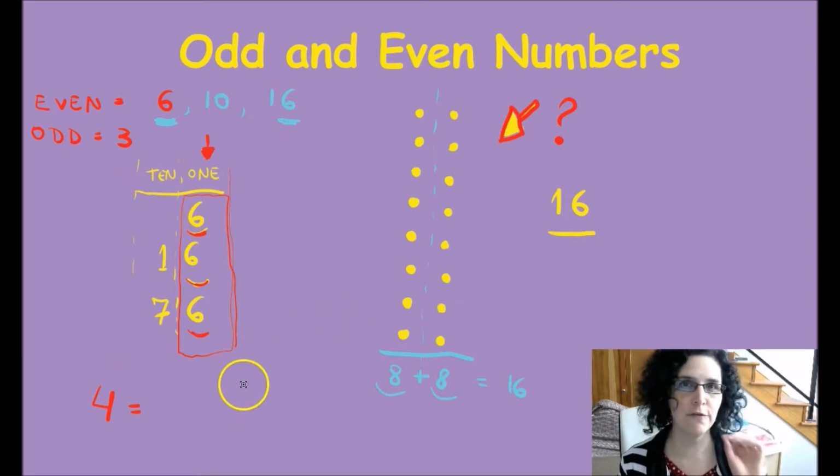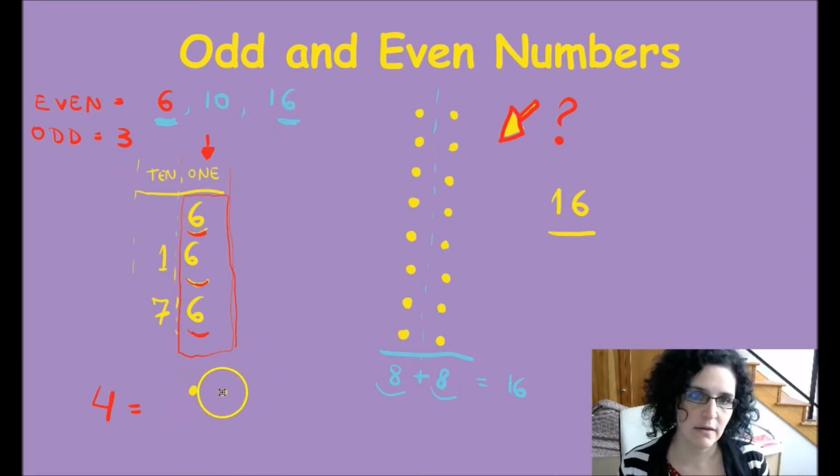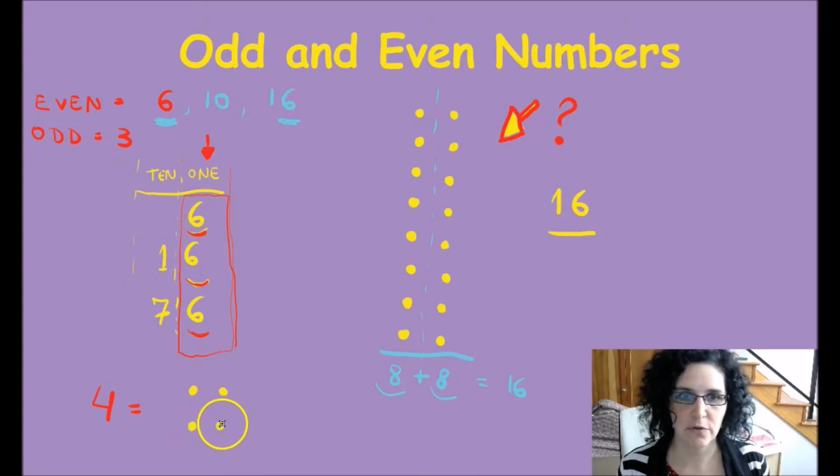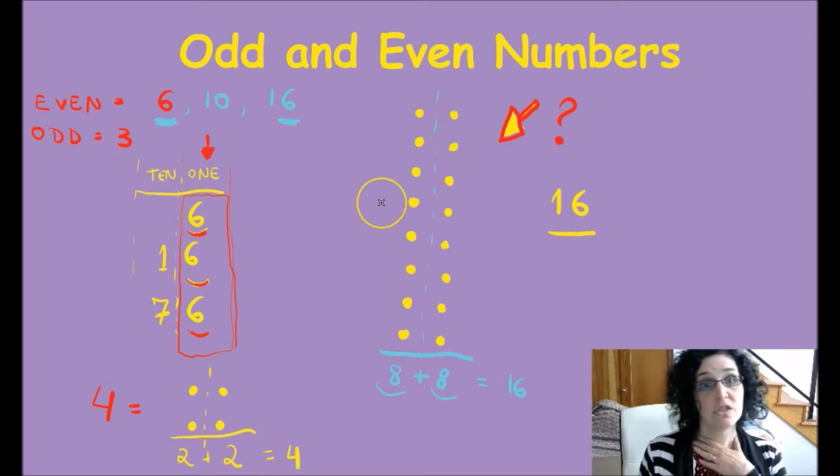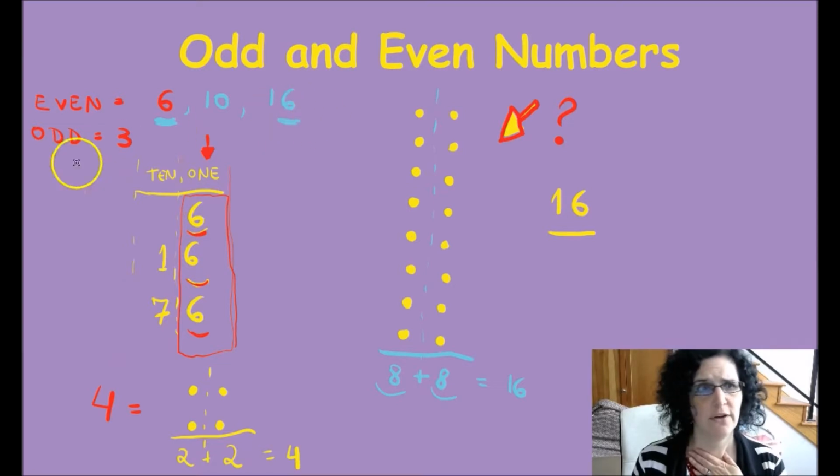Let's see, can I divide 4 apples equally by my 2 little friends? Yes, each friend will get 2 apples. 2 plus 2 equals 4. So 4 is another even number.